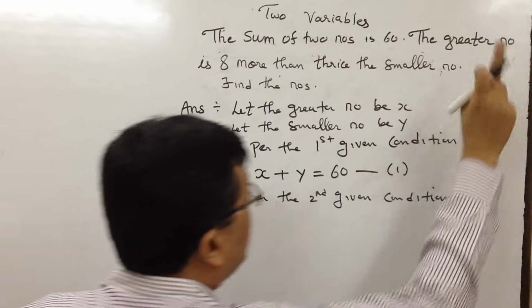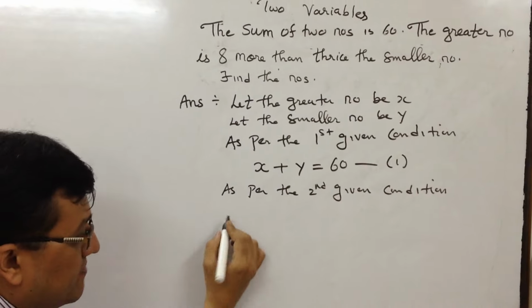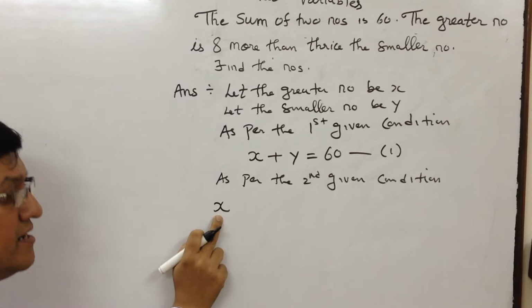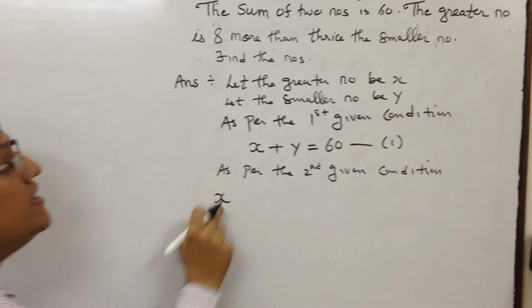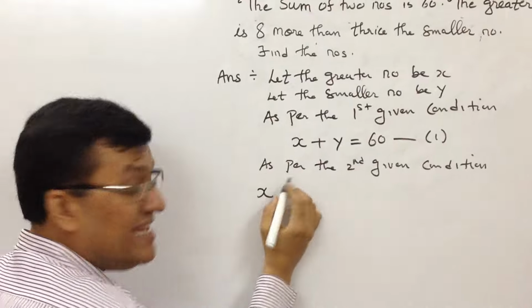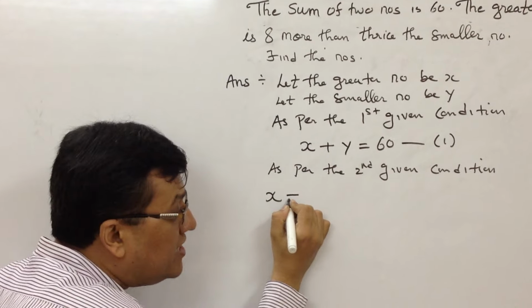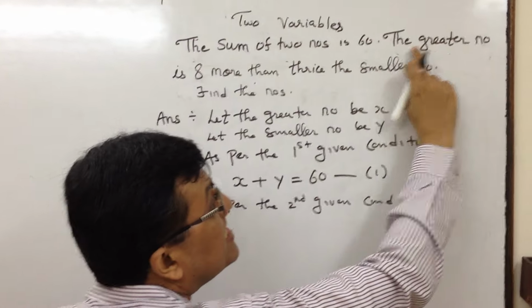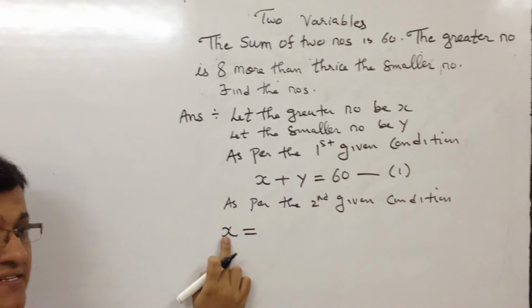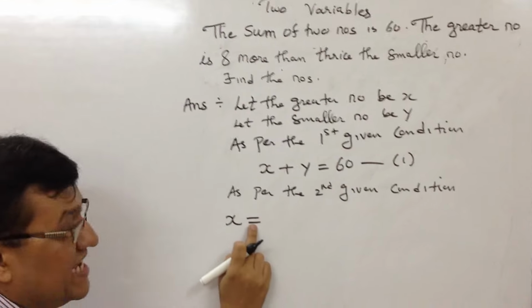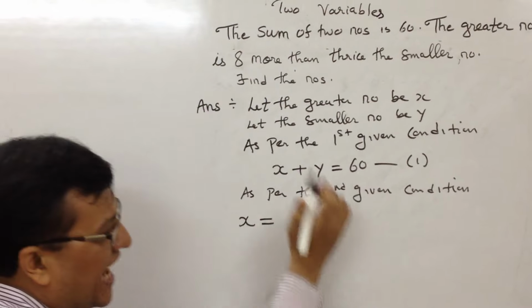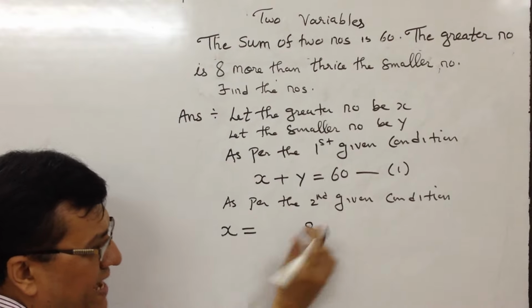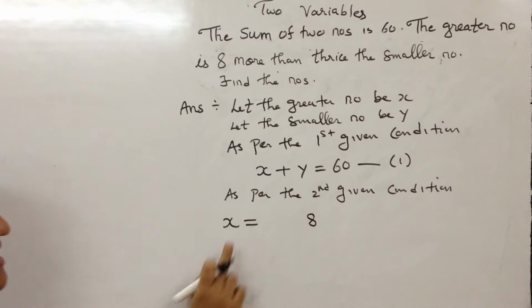The greater number, which according to us is x. The greater number is means equal to. The greater number, which is x, is equal to 8. I shall write down 8 with a space ahead of it.